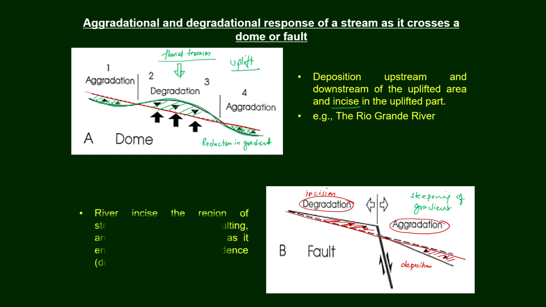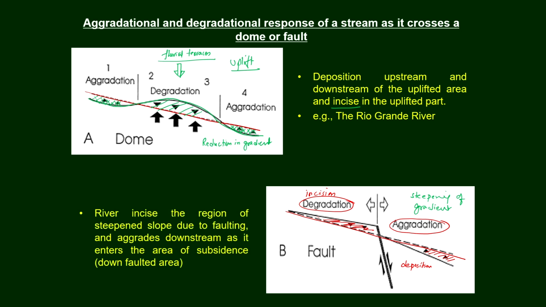So, these are the two cases which help us in understanding what will happen when there is a sudden change, either by the reduction or steepening of the channel slope. River incision occurs in the region of steepened slope due to faulting, and it aggrades downstream as it enters into the area of subsidence. This is the area of subsidence we are looking at.